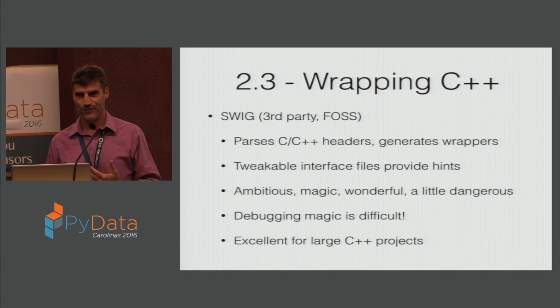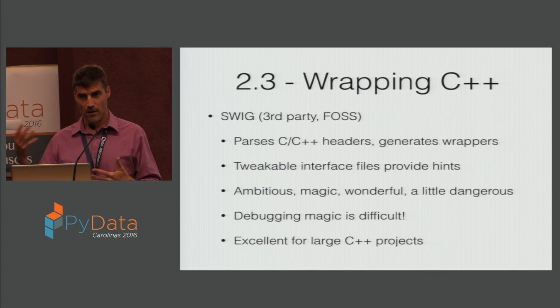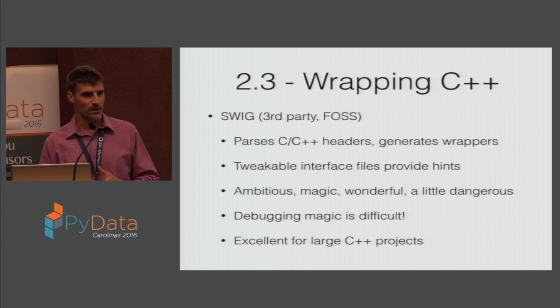However, it's also a little dangerous because it has to make some assumptions that are not necessarily entirely clear. For instance, there are some memory management differences. C++ is a language that works with explicit allocation and delete, setting aside smart pointers for the moment. In C++, you allocate and free things explicitly.